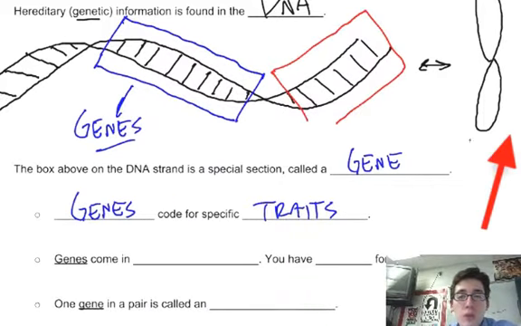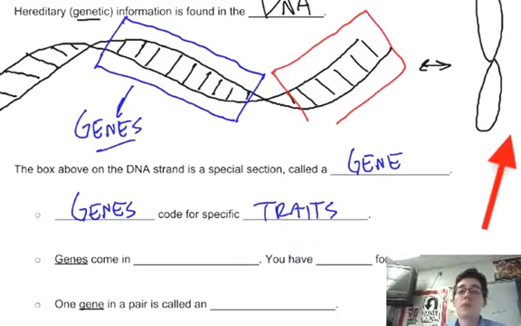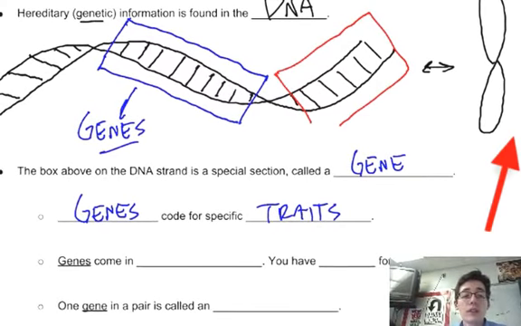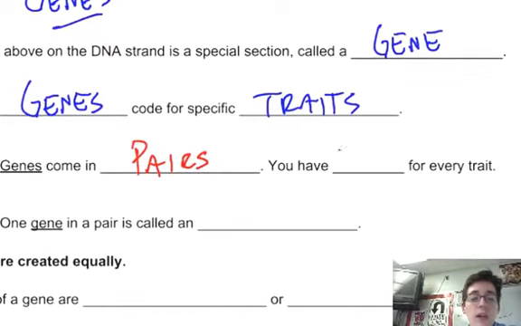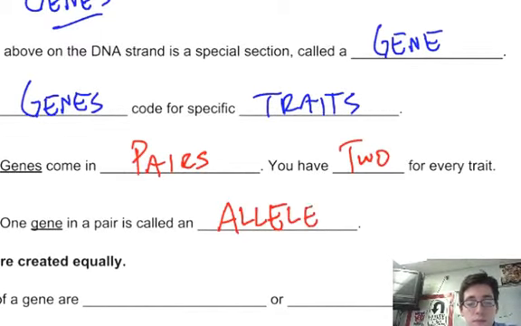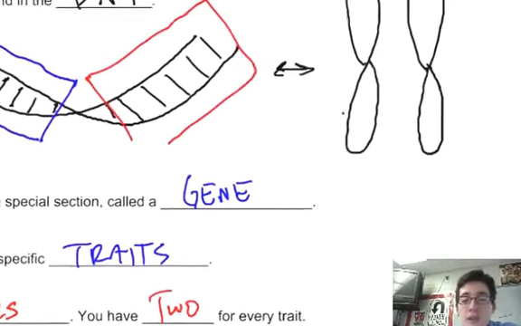Remember, over here, these are chromosomes, and you have 23 chromosome pairs. And all of these genes come in pairs. Okay, you have 2 for every single trait. And one gene in that pair is called an allele. So here's a gene pair.